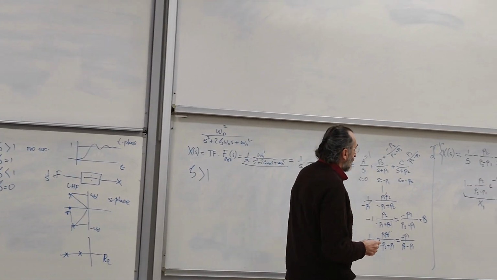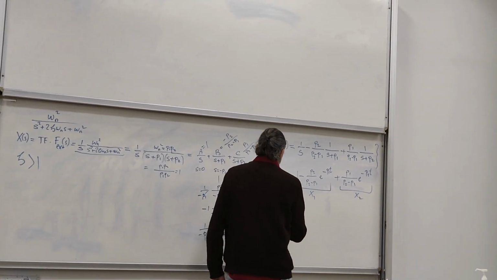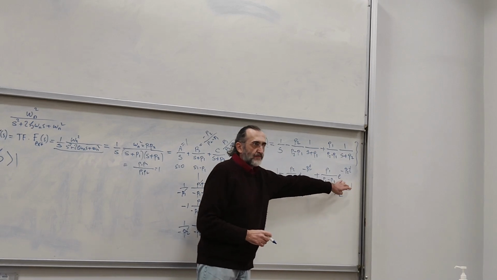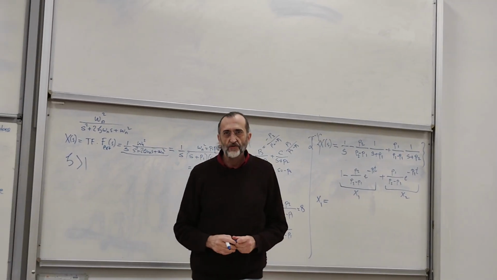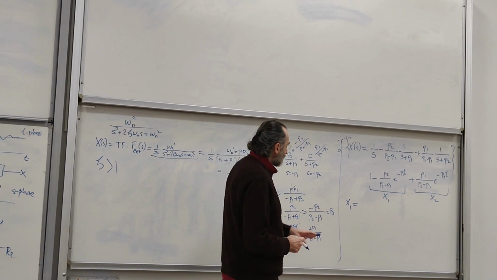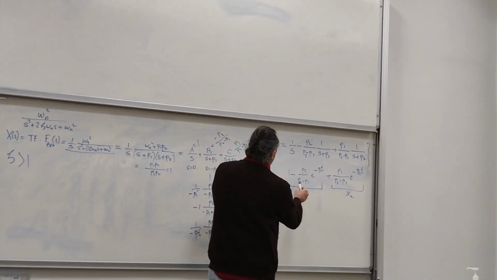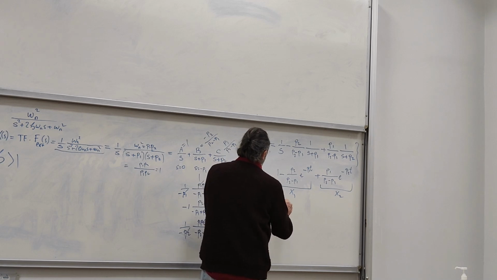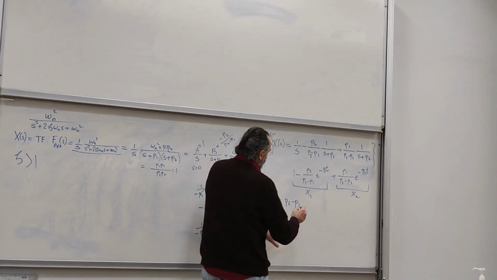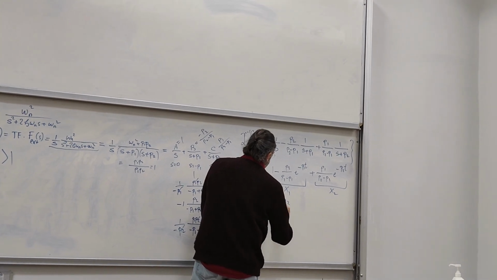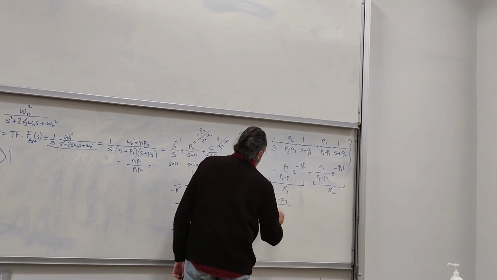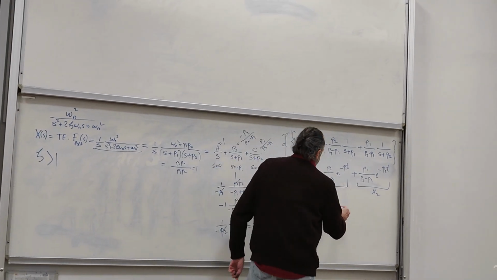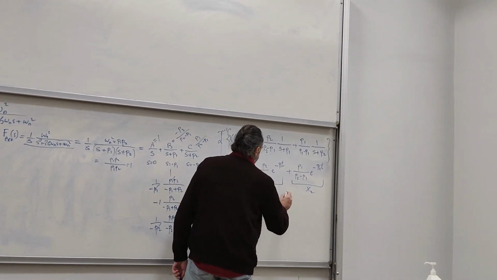So x1, I have to sum two exponentials, which is not as easy as it looks, but it's doable. So x1 is going to be this multiplied by that, P2 minus P1, minus P2 divided by P2 minus P1, e to the minus P1t.